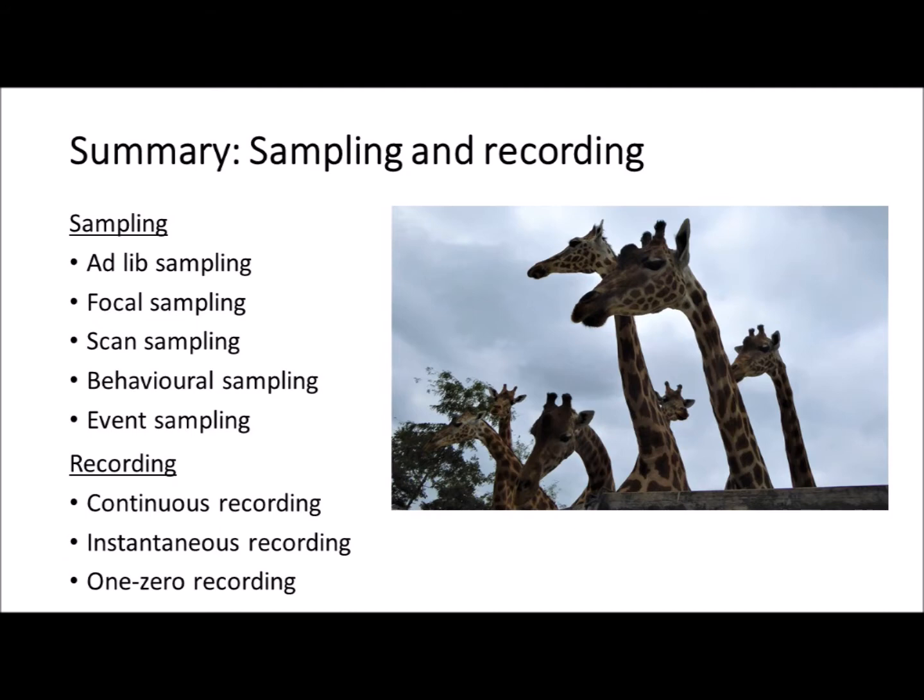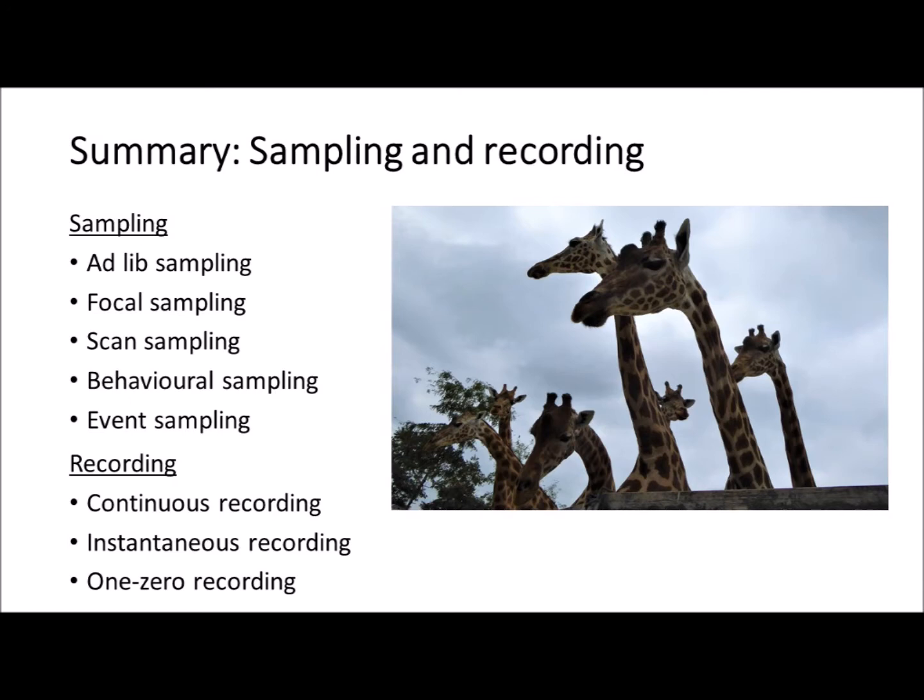Behavioural sampling is when you simply record the behaviour that you are most interested in. This is commonly used for very rare or unusual behaviours. And event sampling is the type of approach where you are interested in just recording these short, instant behaviours that you can't time.